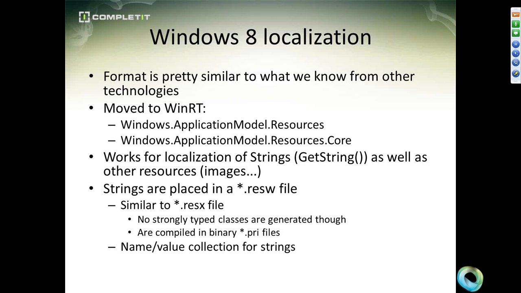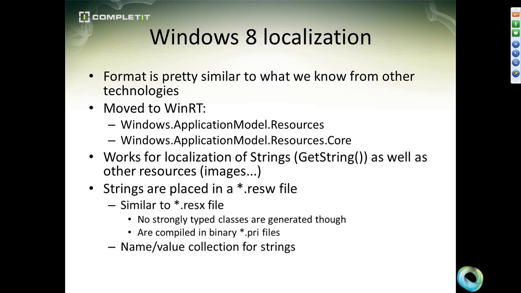Now, the resource format that we know in regular Windows development, for example in WinForms, is mostly built around resx files, so resource files. In Windows 8, we are going to be using something called resw files. These files are not exactly the same internally as a resx file.